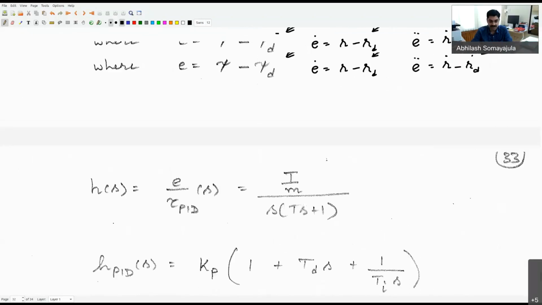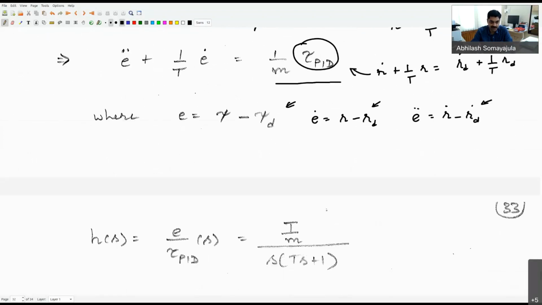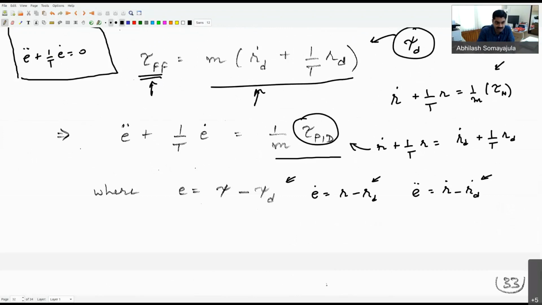So in this case, you can see that if I look at this system, which I get after application of this feed forward law into place, then my error dynamics is given as E double dot plus 1 by T times E dot is 1 by M times tau PID, right? So if I now think of this tau PID as an input which is trying to drive my error, it's a differential equation where the input is my tau PID and the output is the error.